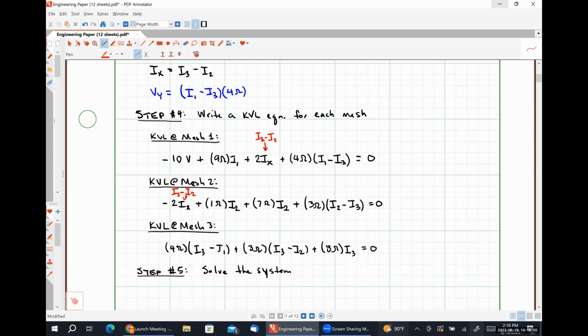So when I'm looking at the first equation, the coefficient for I1 is going to be positive 9 plus 4. So 9 plus 4. Actually, let me do this. So here's my coefficient for I1. My coefficient for I2 is this guy right here, but it's going to be negative.